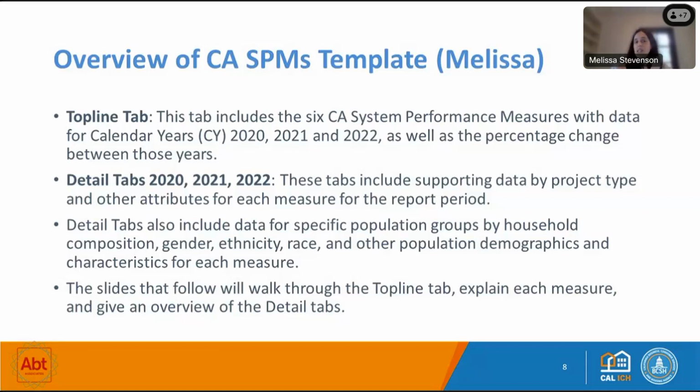That's the measure 7 that you'll hear us refer to. That measure 7 breaks out the data for the 6 top line system performance measures by household composition, gender, ethnicity, and race, as well as some other population demographics and characteristics. And so, as I said, in the slides that follow, we're going to walk through that top line tab and explain each measure. And we'll also give some brief overviews of the detail tabs for each measure.